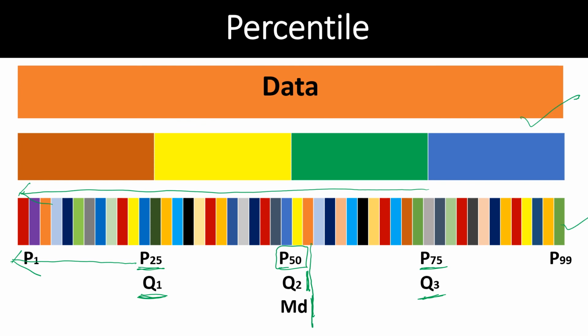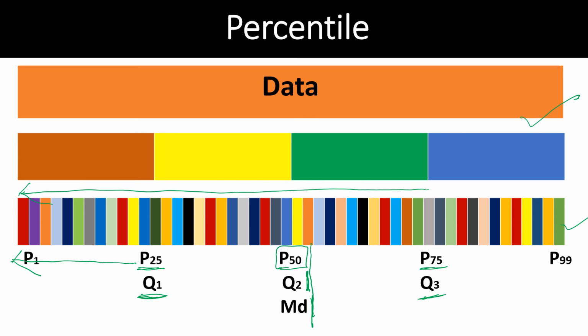Now many students get confused between percentile and percentage. These two terms are entirely different. You have heard many times that a student got 75 percentile or 70 percentile.